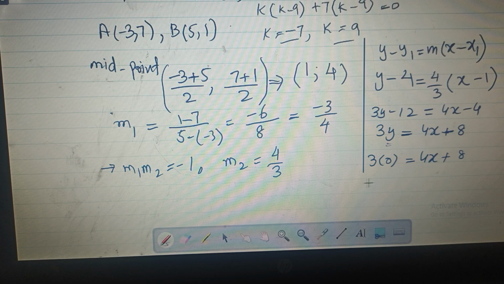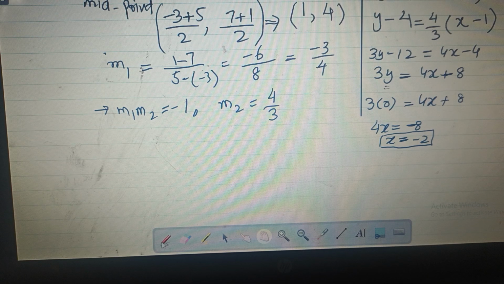So 4x is equal to minus 8, x is equal to minus 2. So the coordinates of point D are minus 2 comma 0.